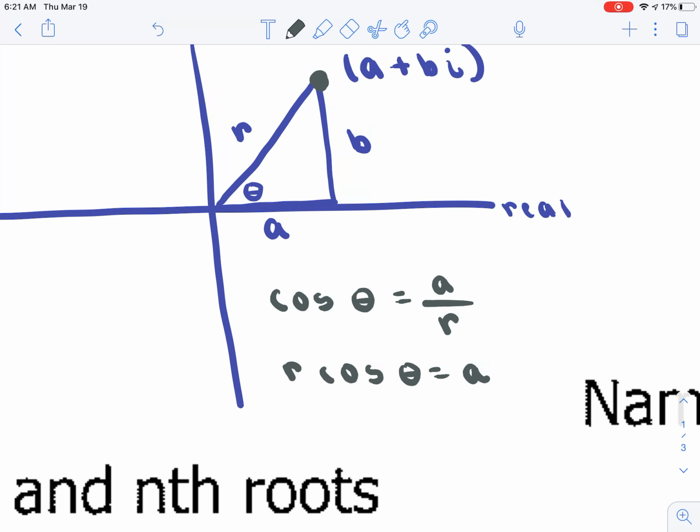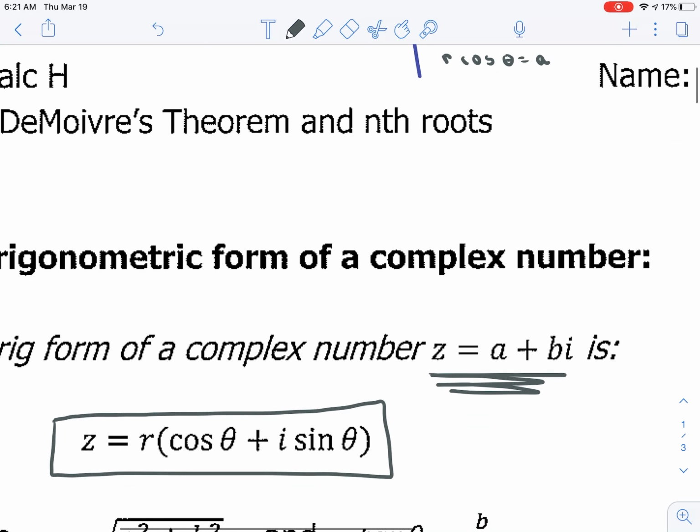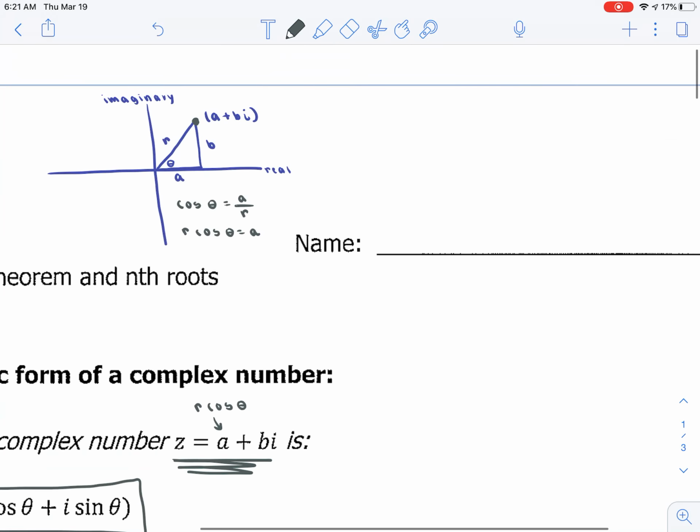In this case, equals a. Well, note, if I were to sub in what a equals, for a we would have this r cosine theta. And I can do that same thing for b. Note that if I wanted to find b, I would use sine theta equaling b over r, and then could solve for b by saying r sine theta equals b.